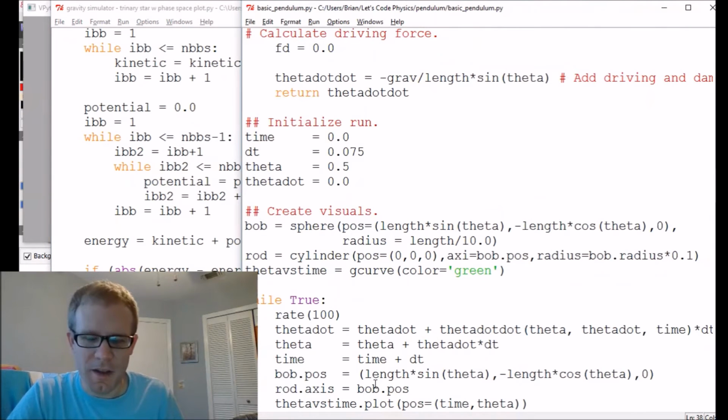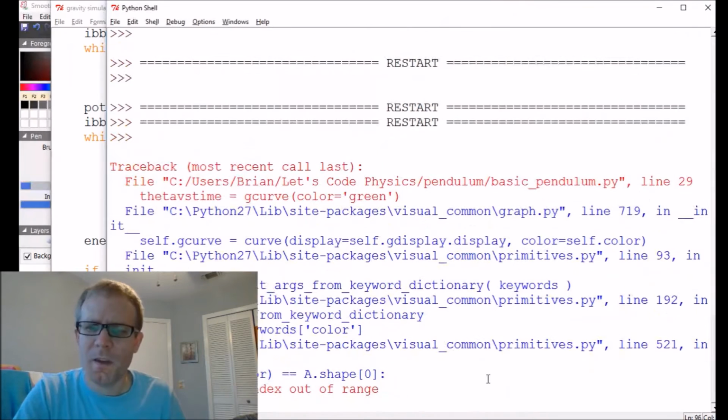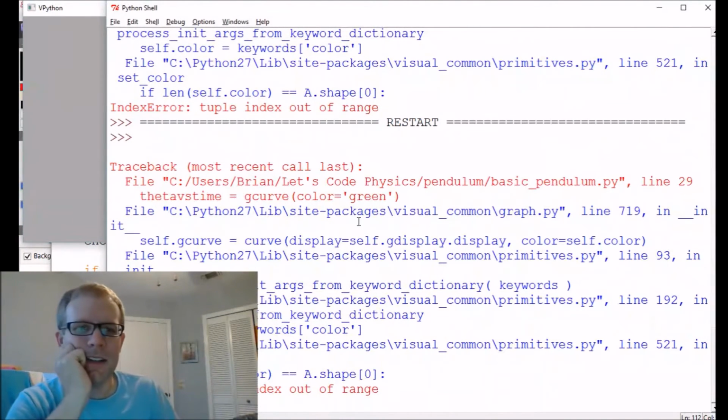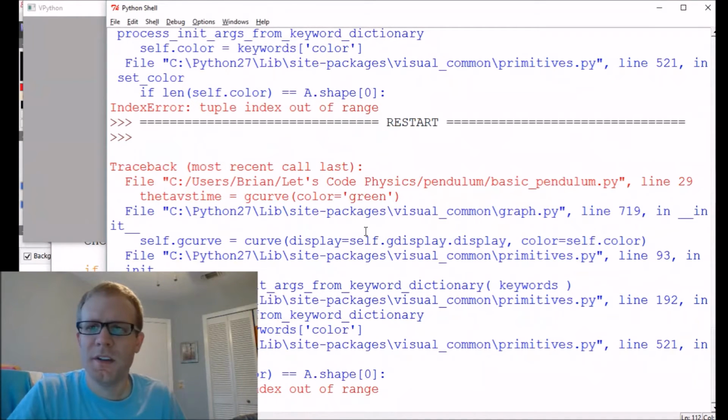Theta versus time dot plot. Position equals time comma theta. What's the problem it's running into? Tuple index. All right, let's actually read the errors. Tuple index out of range.